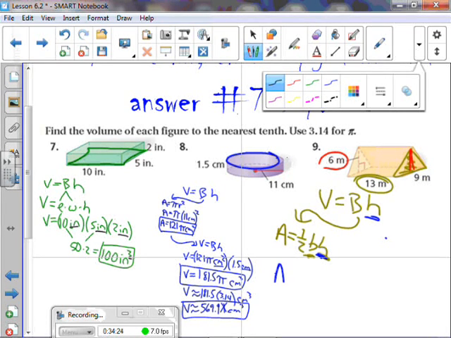So we have area equals 1/2 times our base, the base of the triangle, which is 9 meters, times the height of the triangle, which is 6 meters.